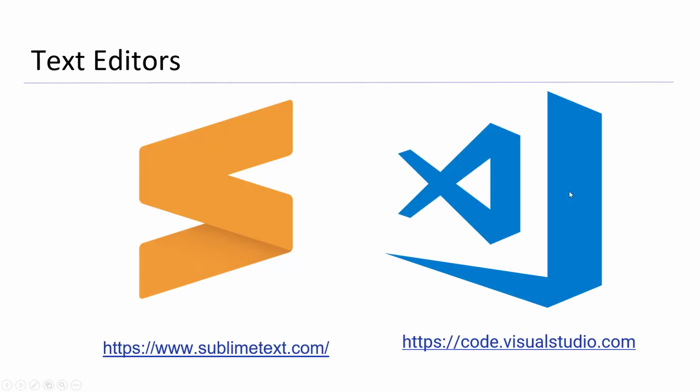To work with Python, I recommend that you use a text editor that has features such as syntax highlighting, auto indentation, code block selection, auto completion, and advanced search and replace. The two that I strongly recommend are Sublime Text or Visual Studio Code.